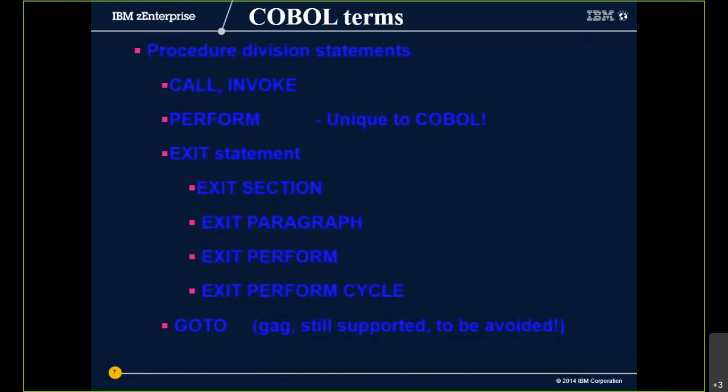The exit perform cycle says, I want to skip this iteration of a loop and go to the next iteration without leaving the loop. I want to stay in the loop, but I'm done with this. If I'm on element number 30, I'm done with 30. I want to go to 31. So that's exit perform cycle.